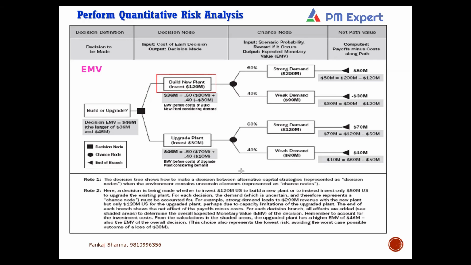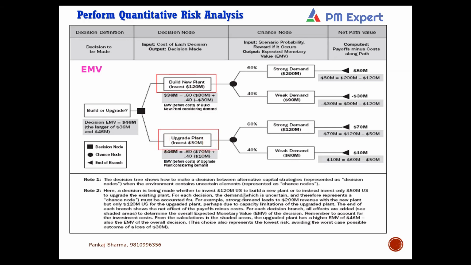And if it goes up, we can analyze it. But what is the investment required to build a new plant, guys? 120 million US dollars, right? Huge amount. And another way is, I don't want to go that aggressive, so I can upgrade the existing plant. What is the investment here?